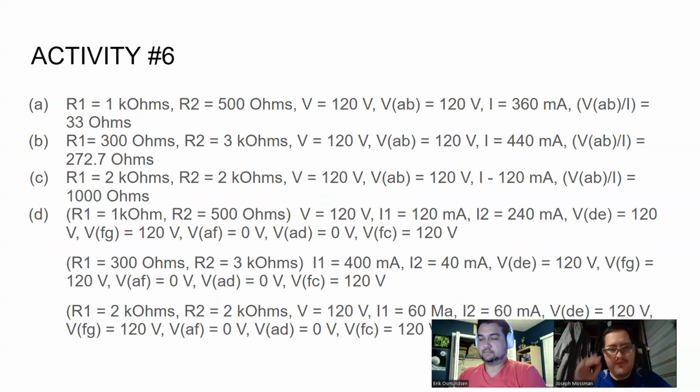Activity 6, for A, B, C, and D, we assign values to R1 and R2 and V. And from there, we measure VAB, I, and calculate VAB over I. And the results are as shown here on the slide.